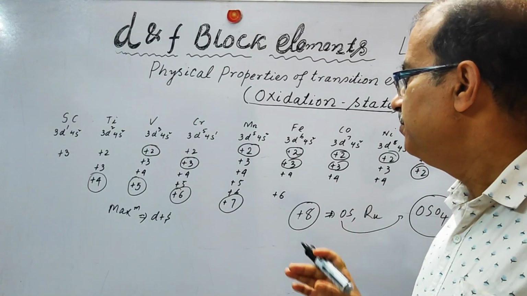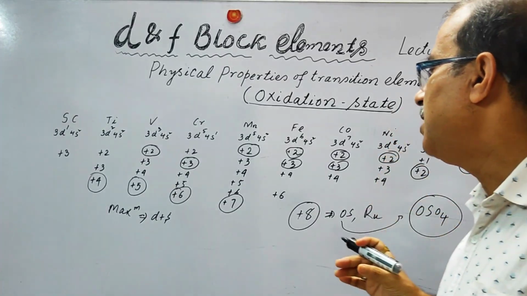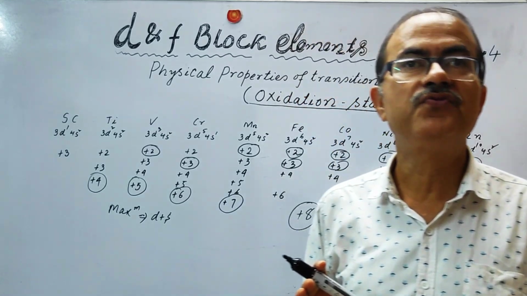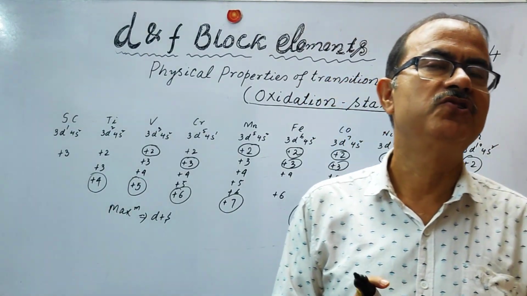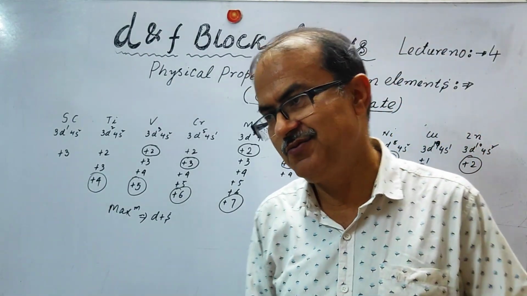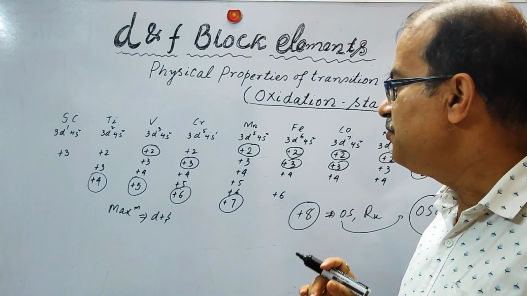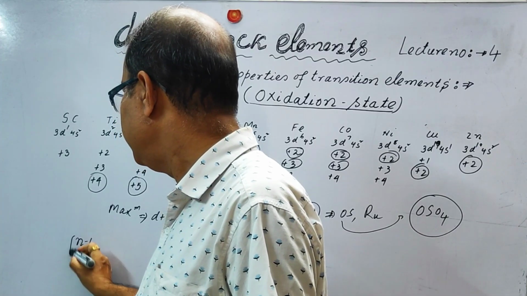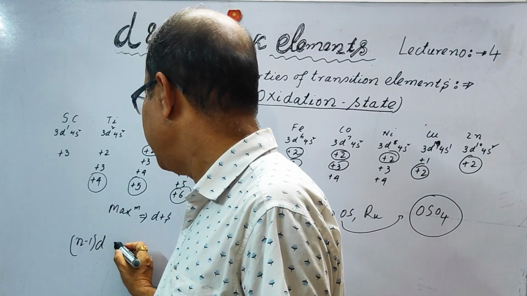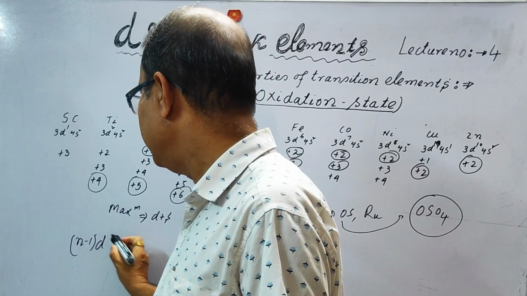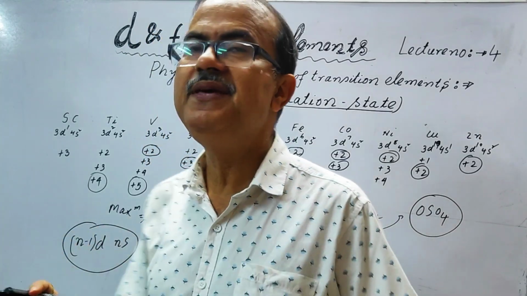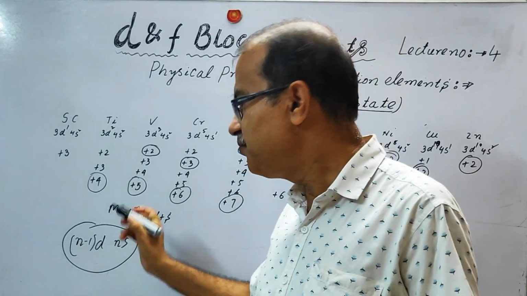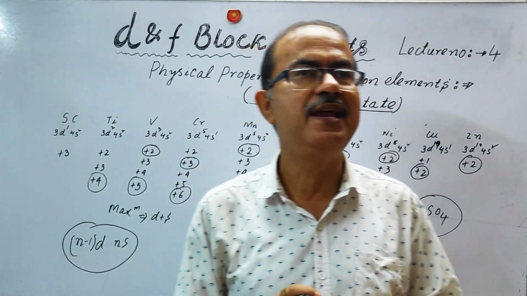Okay, now one thing we want to understand is why these transition elements show such variable oxidation states. Why is it so? It is due to this reason: the (n-1)d orbital and ns orbital have a very little energy gap.